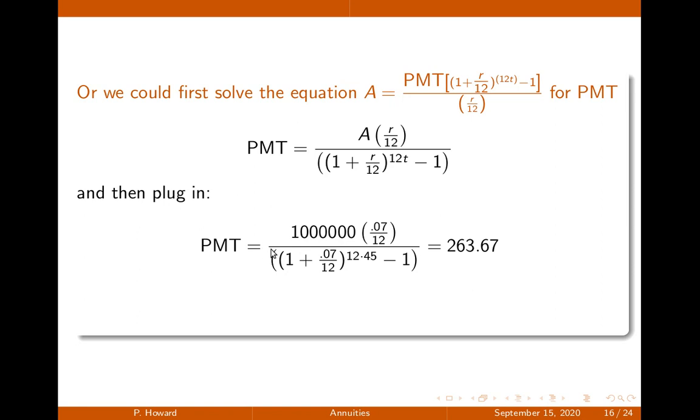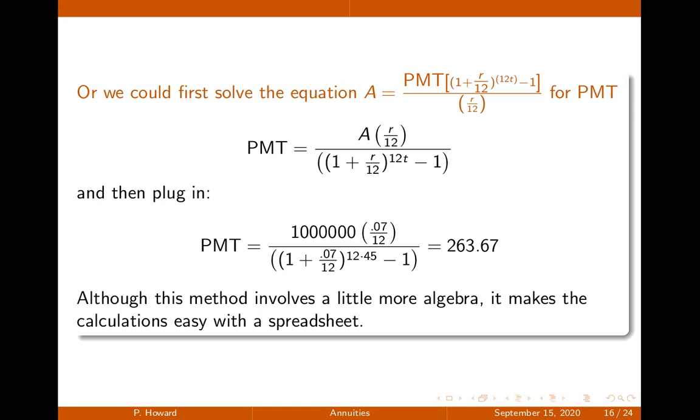And as we should expect, we get the same monthly payment required, $263.67. So doing things this way, solving for PMT first, will make the calculations a little bit easier if you are using a spreadsheet.